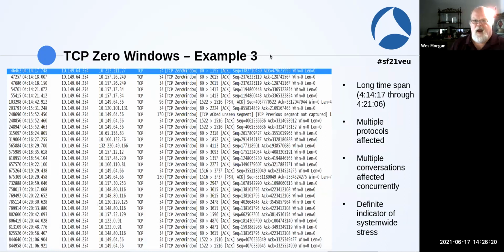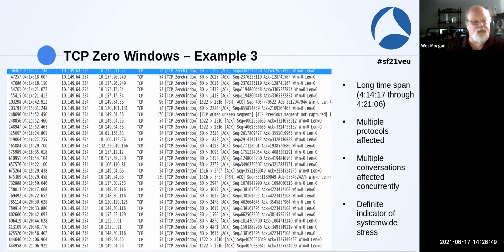Our final example here is an excessive system-wide stress indicator. And I say that because first, it's a very long time span. This is from 4:14 a.m. through 4:21 a.m. So this is 7 minutes almost.